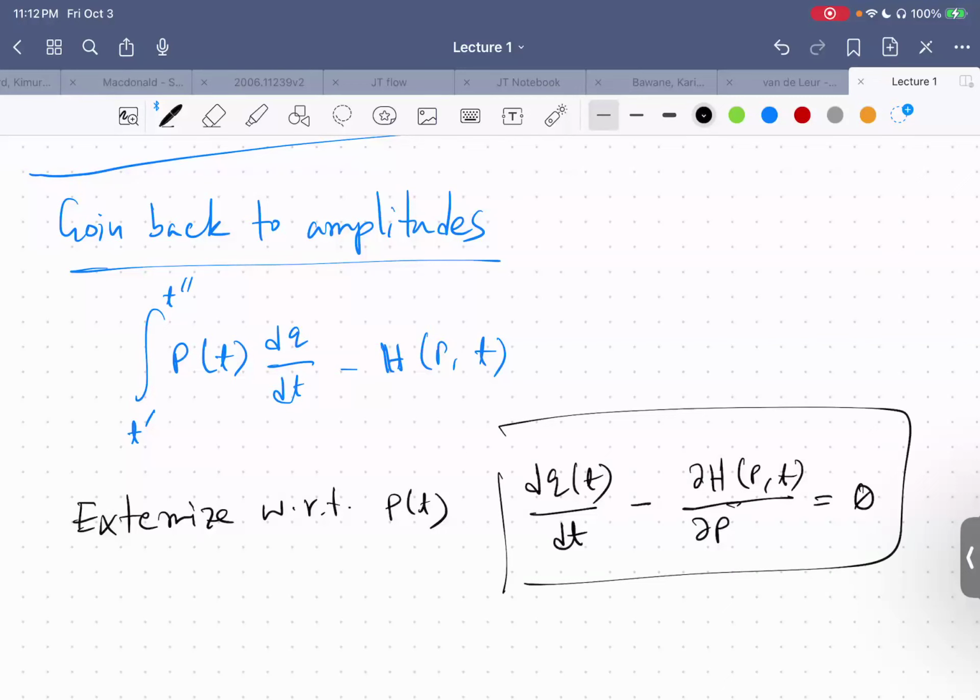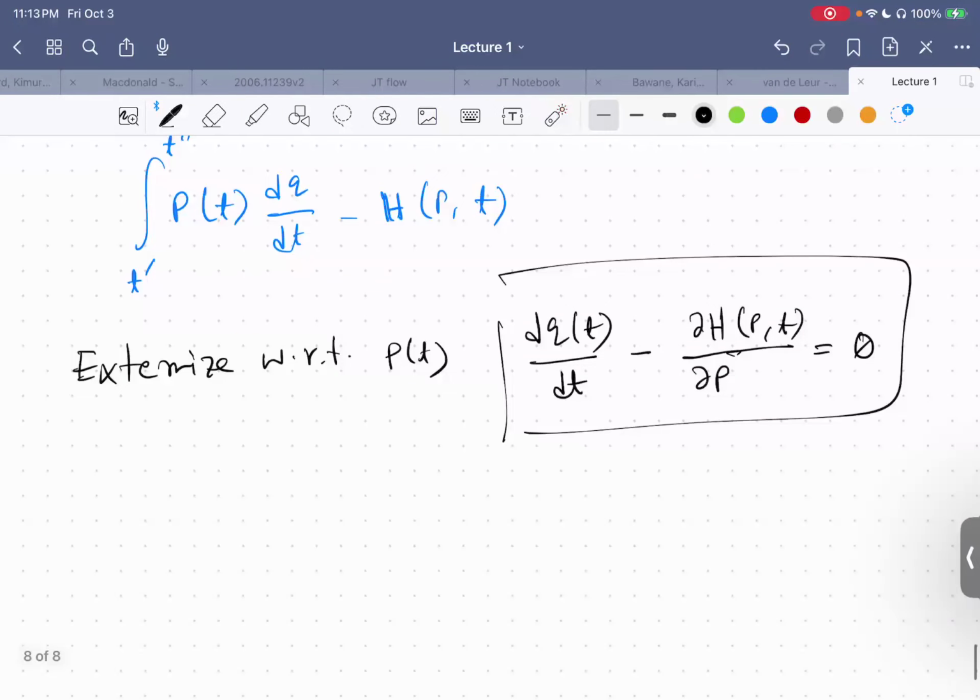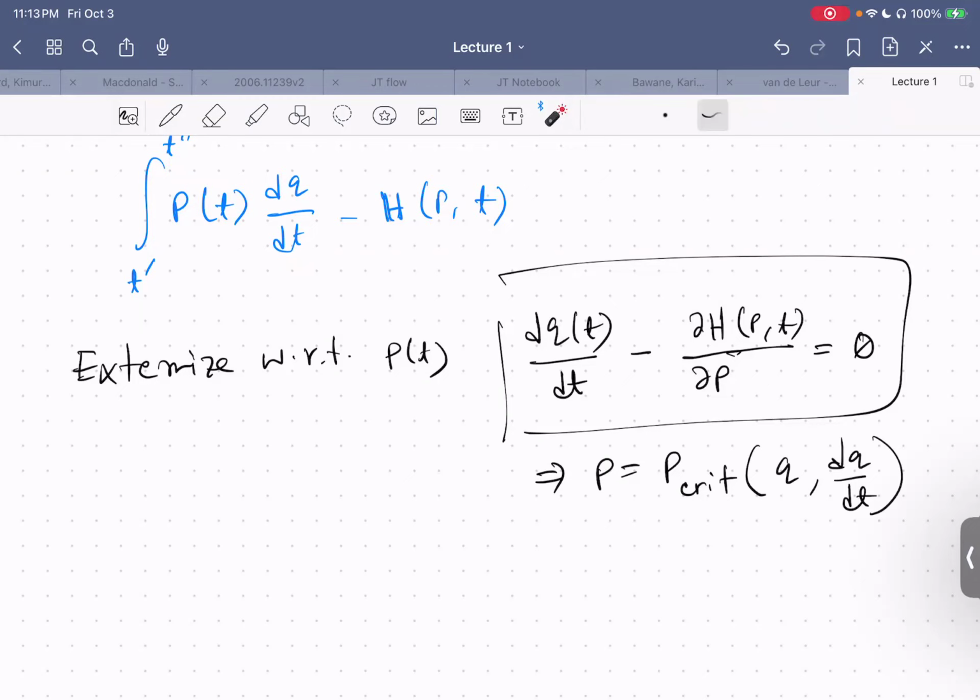Notice that it is exactly the same as the one that you would get by treating them as ordinary variables. So this will have some solution, right? So let's call it P equals P critical, which would be a function of Q and derivatives of Q, dq/dt. So now plug in this value in here.